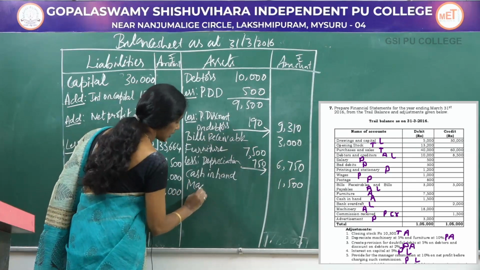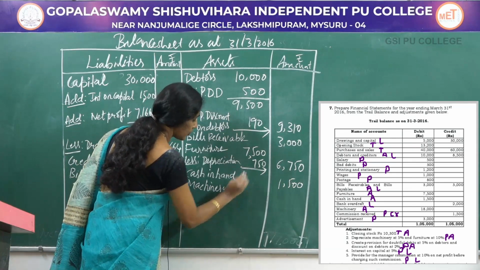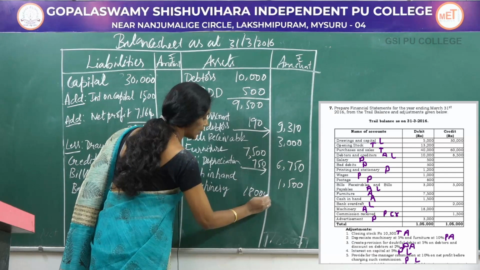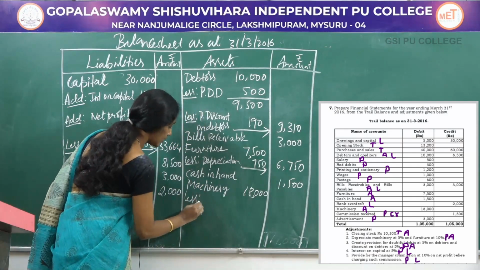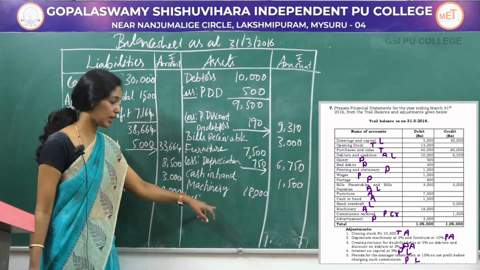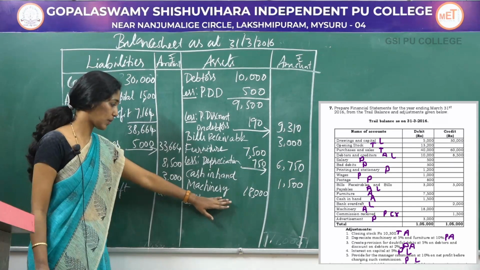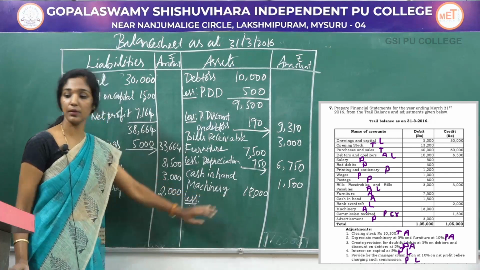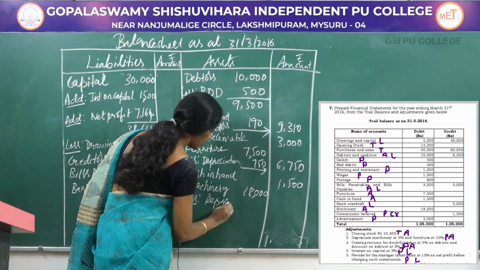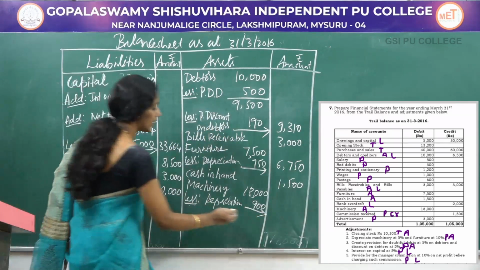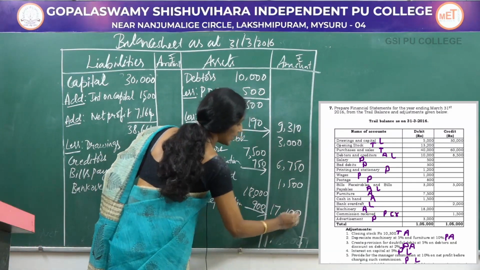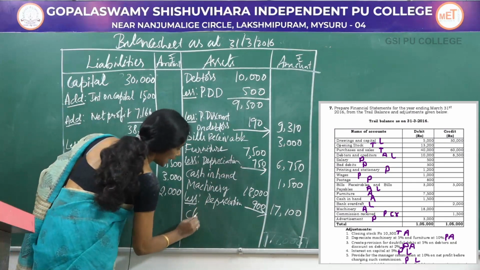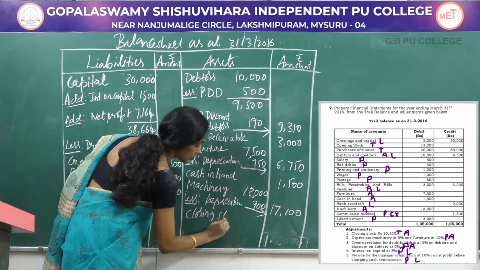The next, machinery. What is the amount of machinery? 18,000. Then there is adjustment relating to the machinery. You have already calculated depreciation on machinery. So now you have to deduct the amount of depreciation from the machinery. Depreciation 900. So you will get 17,100.